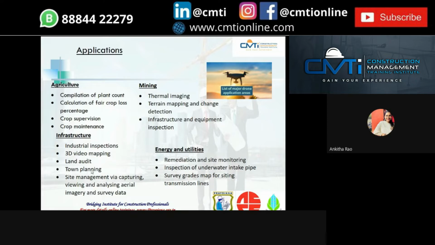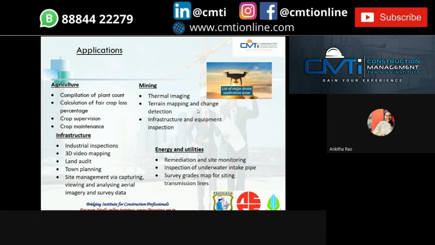Everything that happens in the site can be seen using drones. In mining we can use it for thermal imaging, terrain mapping, change detection, infrastructure and equipment inspection. And in energy and utilities, it can be for remediation and site monitoring.